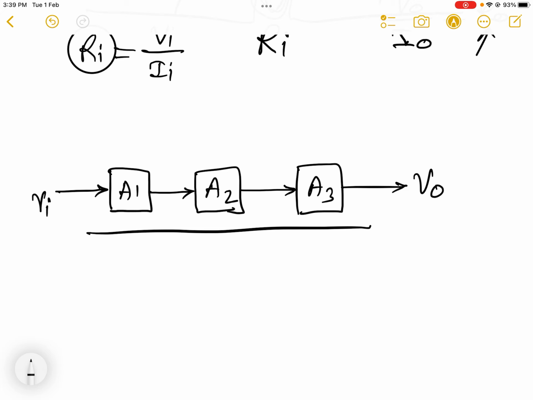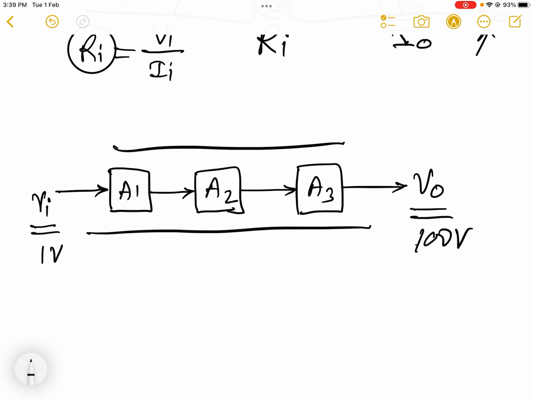Generally, we never use a single amplifier to amplify the signal at a very, very strong quantity, because that is not the good practice. Suppose my input voltage over here is just 1 volt and at the output I wanted 100 volt, for example, then I shall use 3 amplifiers or more than 3 amplifiers like this.